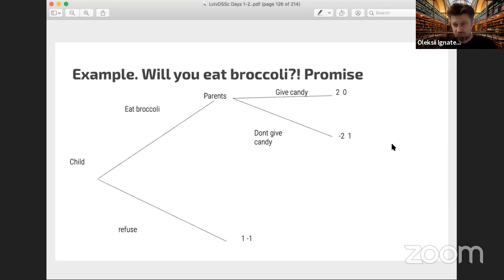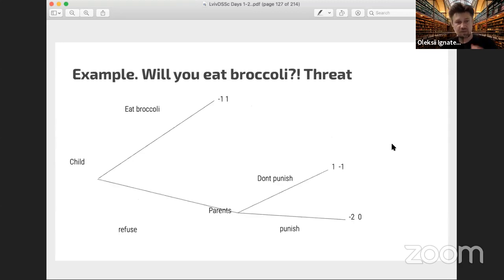If a promise is working, then you need to pay something to keep this promise. What is the threat here? The threat is if you refuse to eat broccoli, then we punish you. So if the threat is working, then you do not need to pay anything. It's bad about a threat that if it is credible, if the child believes that the threat is real, then it costs you nothing.